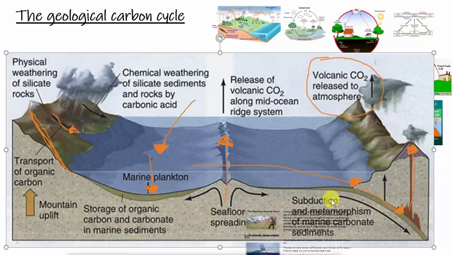Very, very slow process. The two instant processes within this cycle are the very fast ones, volcanic outgassing and release of CO2 along mid-ocean ridges. But generally speaking, most of the fluxes are really slow. That's the key thing.